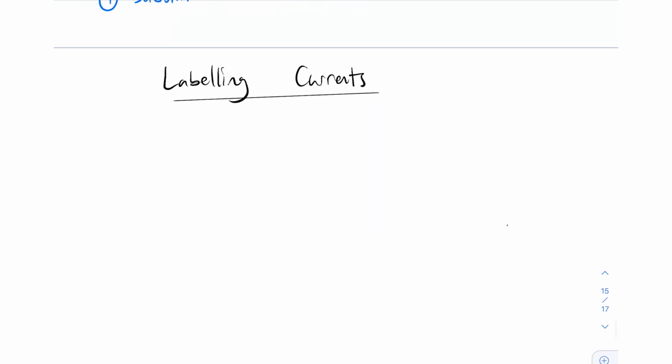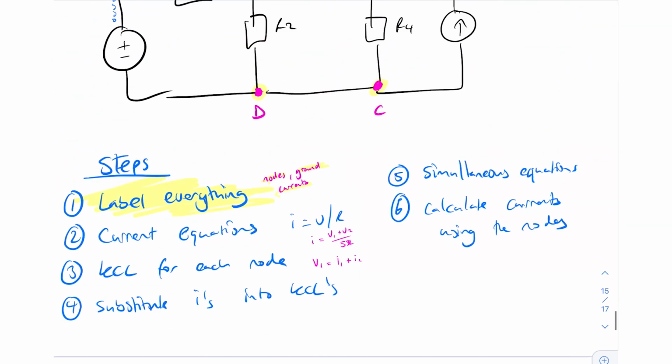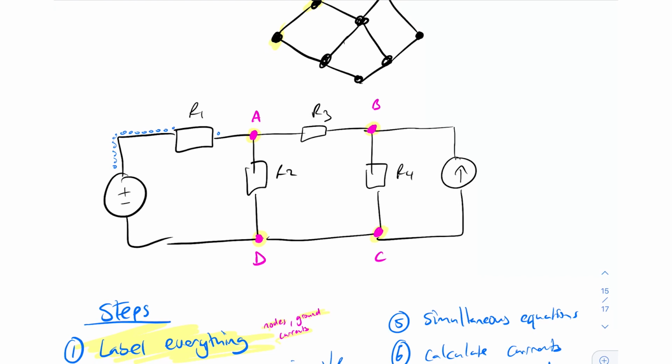But in terms of labeling currents, the template you need to think about is that you're just doing V equals IR, right? And since we're dealing with the currents, we're basically doing I equals V divided by R. Now, when it comes to nodal analysis, we don't know the voltage. For example, finding out the voltage here, what could that be? That could be anything.